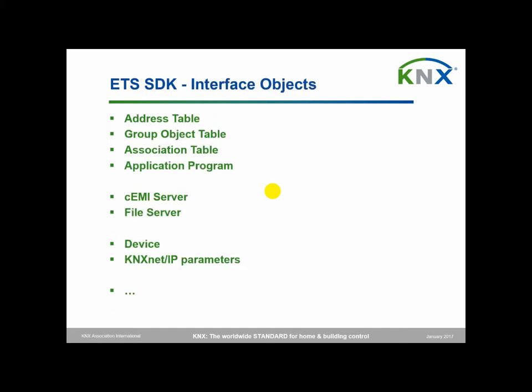Interface objects, so the address table, but approached in a different way, via an interface object: group object table, association table, application program. Things that are related to a common ME server, a file server, if this is on board of the device, of course. The device interface objects as such, and again, if it's an IP device, also the KNXnet/IP parameters, accessible via interface objects, also accessible for an ETS app.